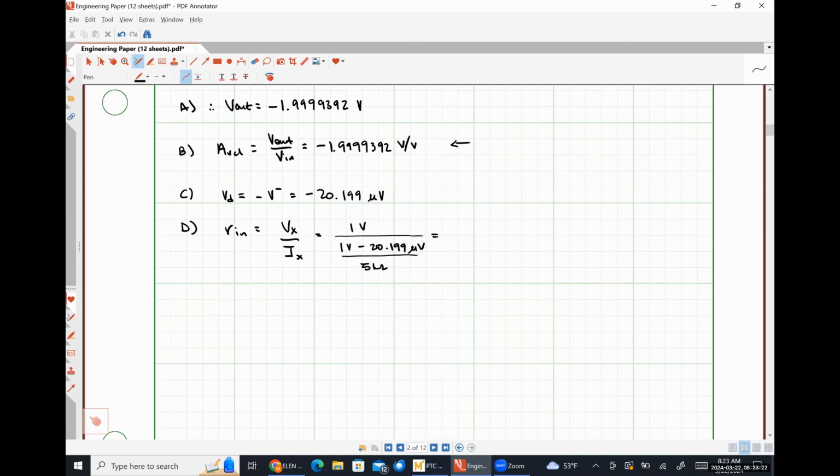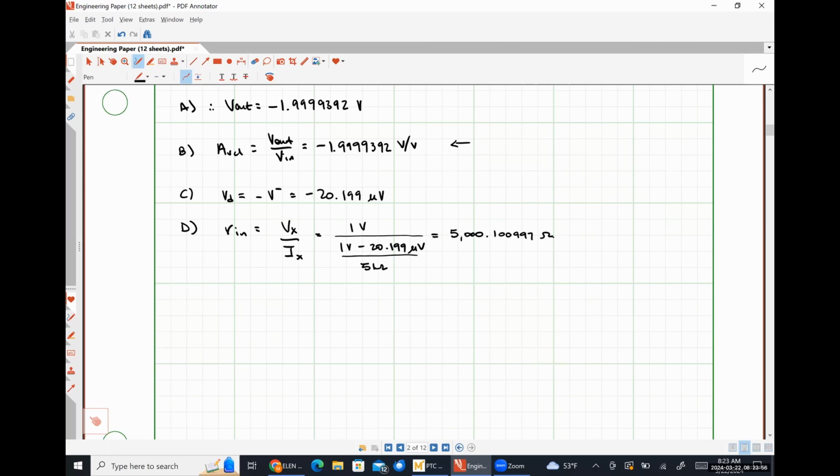And we wind up getting an input resistance of 5,000.100997 ohms, incredibly close to the 5 kiloohm resistor we put in front of that test source. Also another consequence of negative feedback.